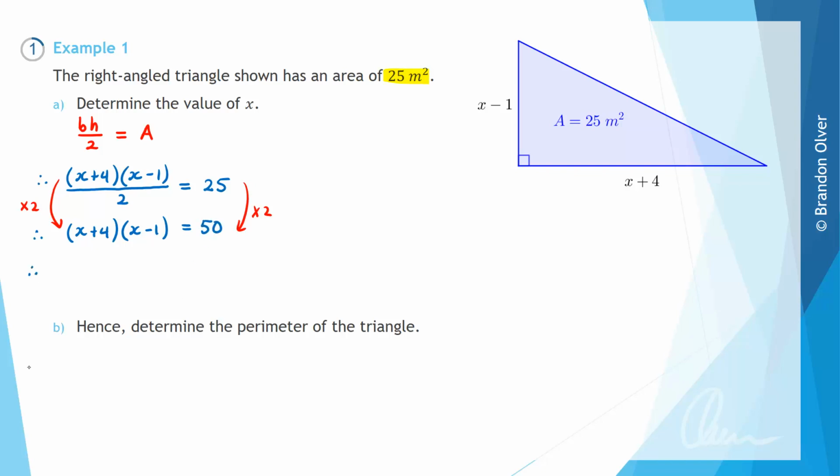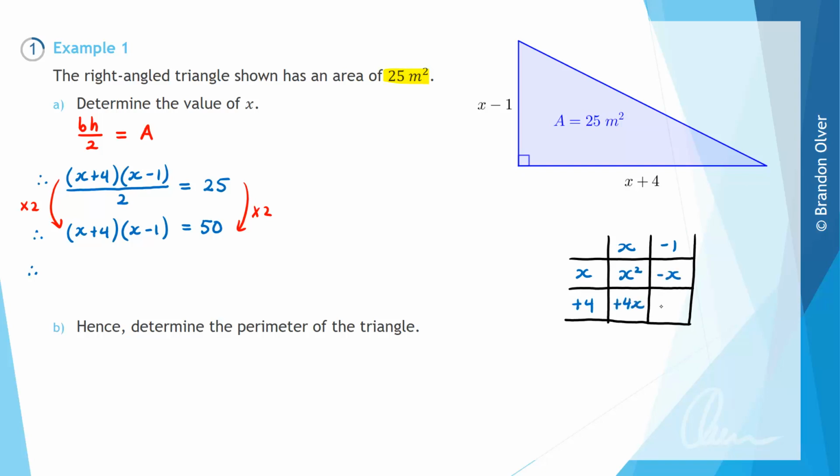Then we can expand this bracket, and we'll just go over here and use a grid to do that. Up the top we might have x subtract 1, and down the side you might have x plus 4. Expanding, we would get x squared minus x plus 4x minus 4 as the expanded values. We can see that the 4x and the negative x are like terms, so they will combine.